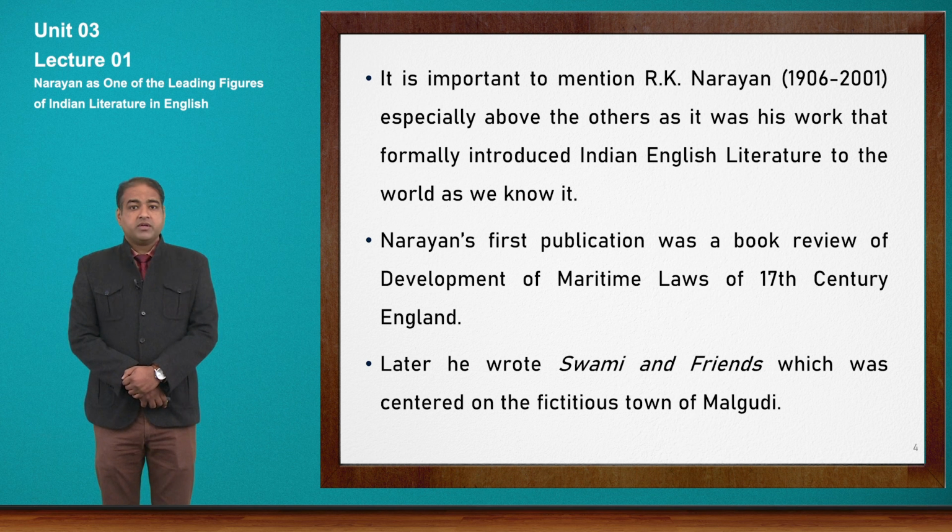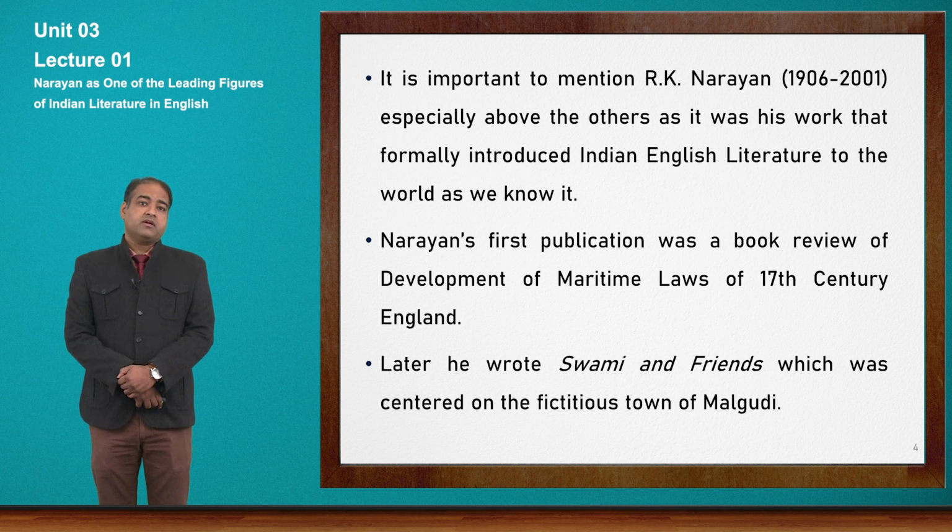In the same way, such experiments have been done by many other writers in world literature. And R.K. Narayan adapted this technique, and he gives the space to this microcosm, Malgudi, in the Indian context.